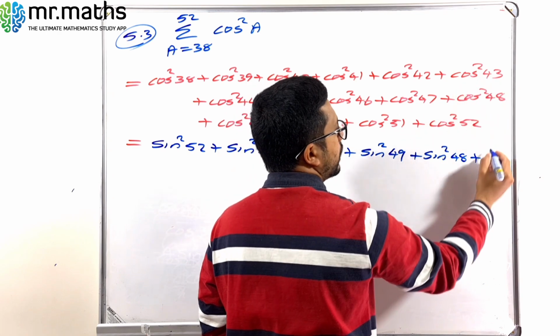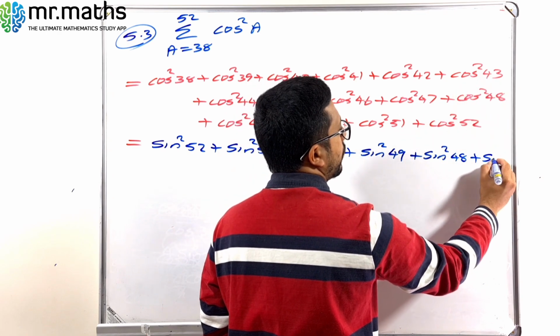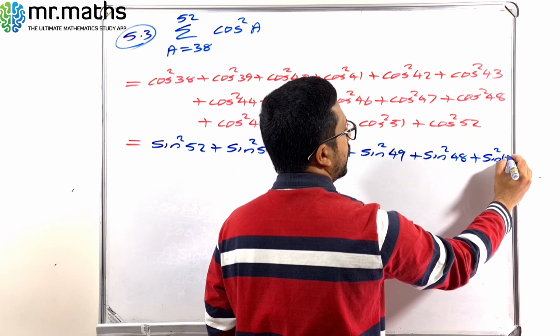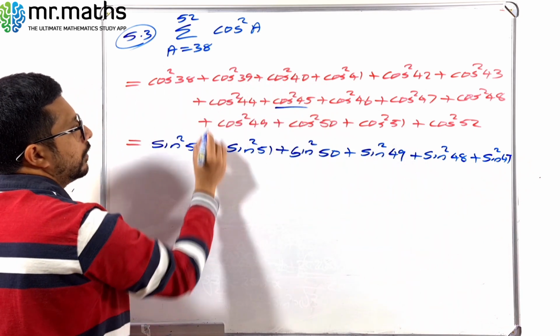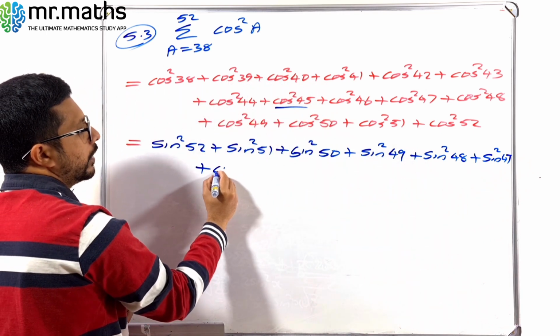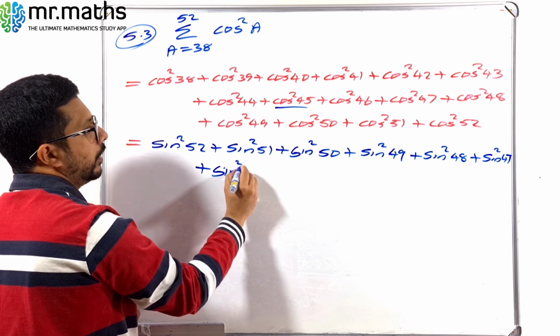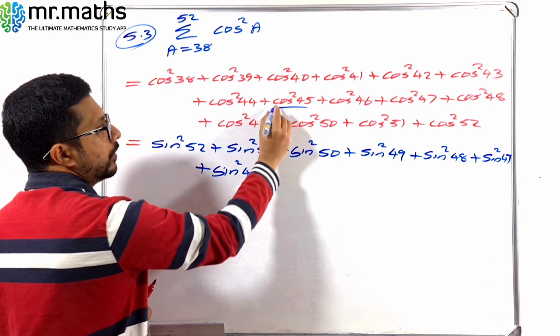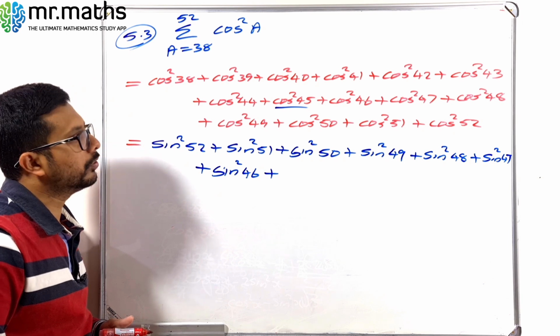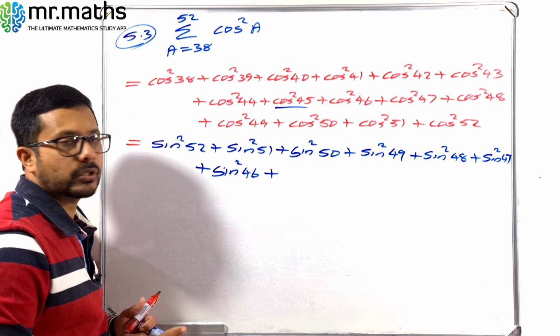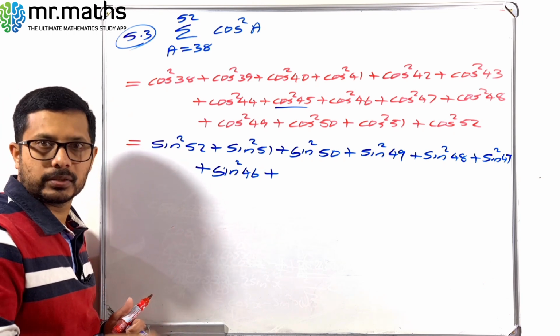Cos square 43 is the same as sine square 47. Then cos square 44 is the same as sine square 46. Cos square 45 I'm just going to leave like that, because cos square 45 is the same as sine square 45.